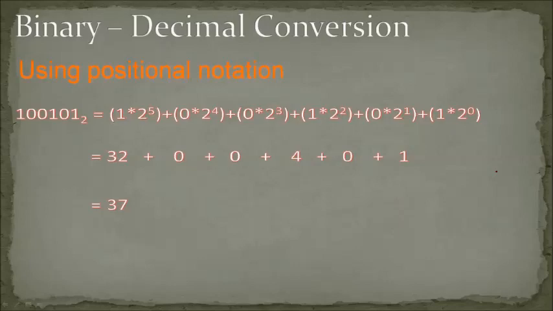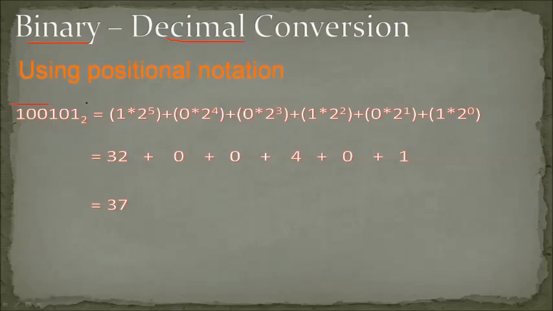Just before, when I started the session itself, I told you how to work out all those things. But here there is a difference. What are we going to do? Binary to decimal. This is the value 1001101.